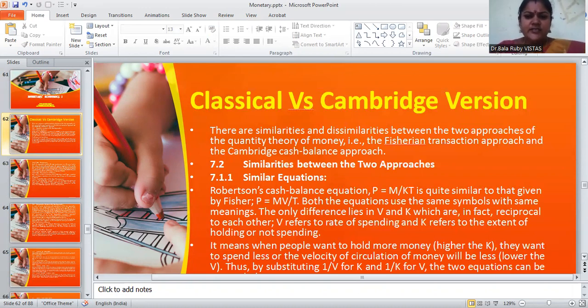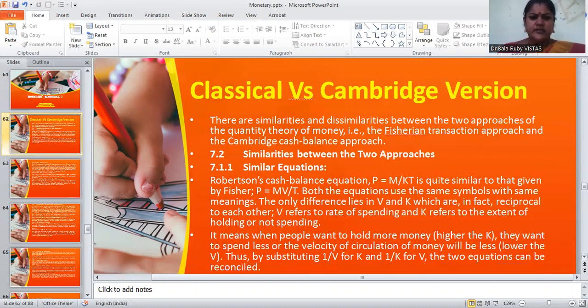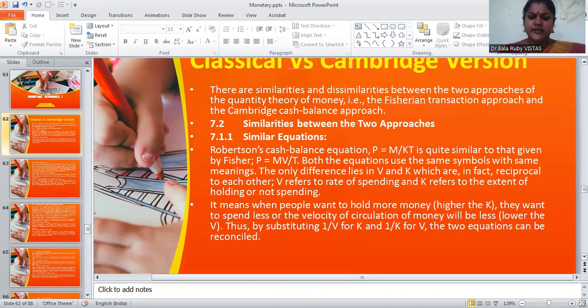If you see, these are similar equations. In the Robertson cash balance equation, P is equal to M divided by Kt, which is quite similar to that given by Fisher's equation. Fisher's equation is P is equal to MV divided by T. So both these equations use the same symbols with the same meaning. The difference is V and K, which are in fact reciprocal to each other.